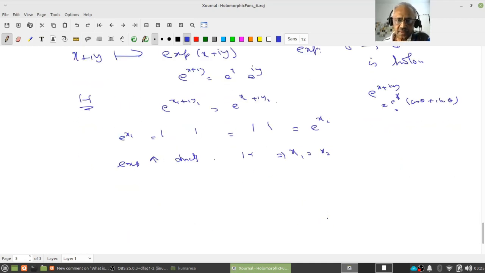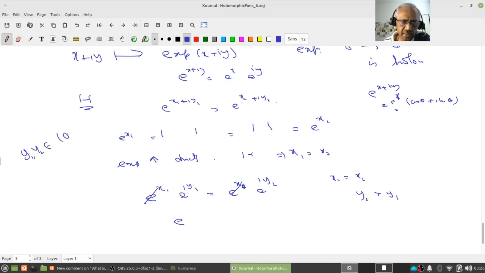Therefore what do I have? I have e power x1 e power iy1 equals e power x2 e power iy2, and because x1 equals x2 and this is non-zero, that means e power iy1 equals e power iy2. Let me assume y1, y2 are real numbers, with y2 greater than y1. Remember, y1, y2 lie in the interval alpha to alpha plus 2 pi.